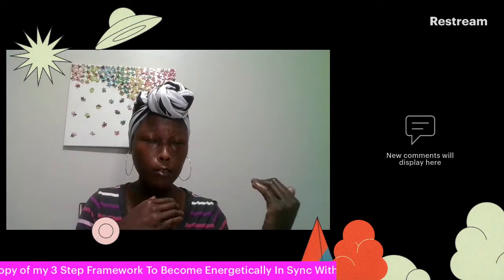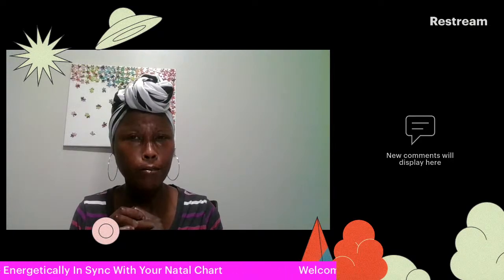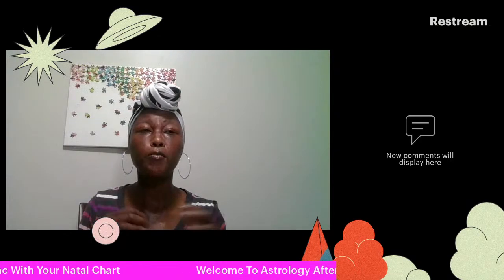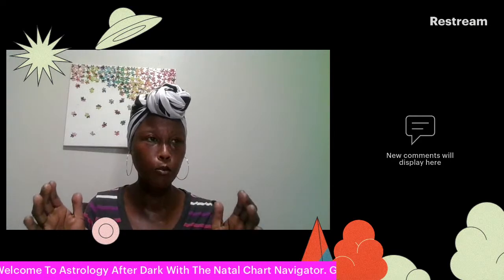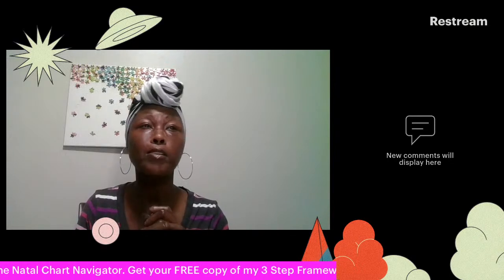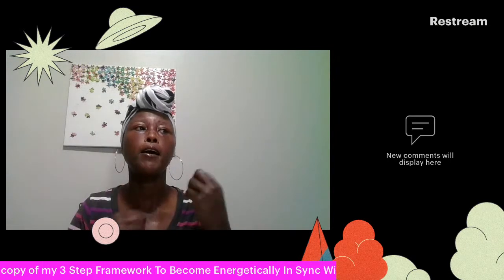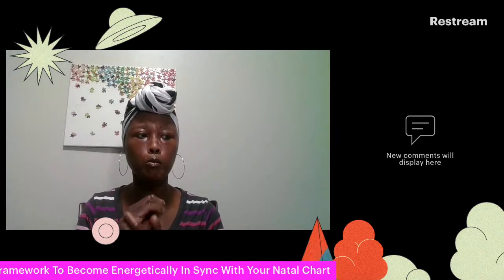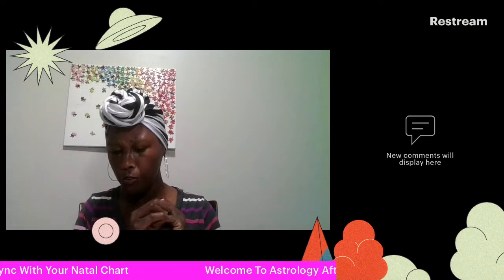On Sunday when I did check, I saw that the moon had been in Scorpio, I think the second through the fourth, and I was like, oh my gosh, this makes total sense as to why my emotions were the way that they were for the past few days.